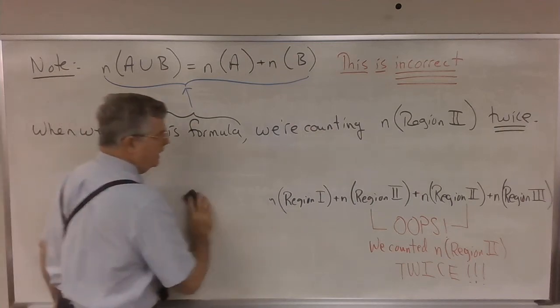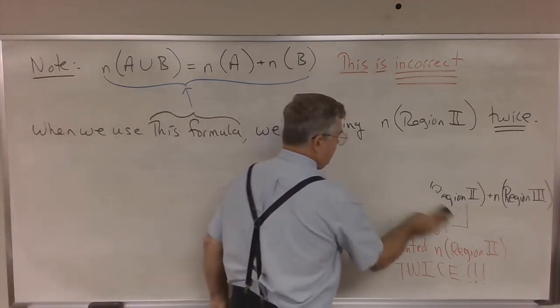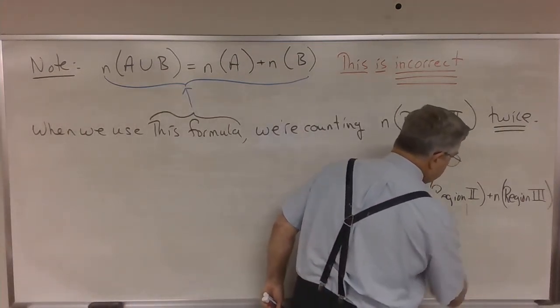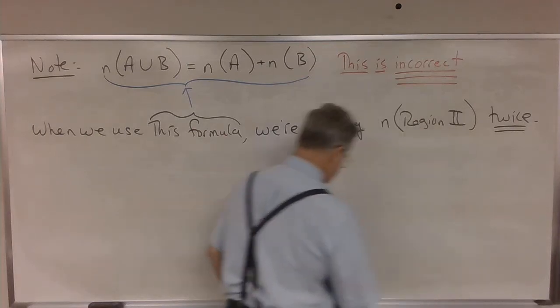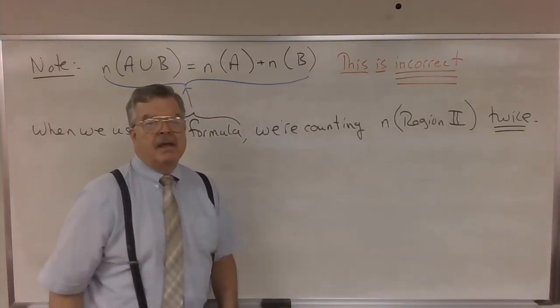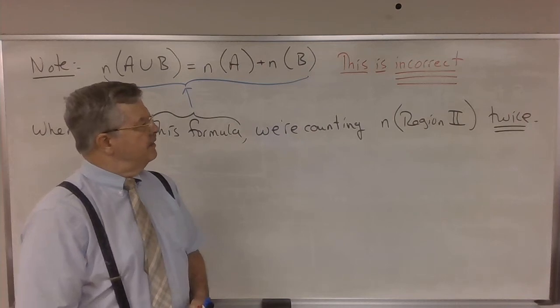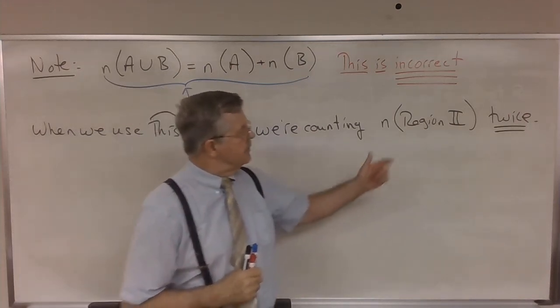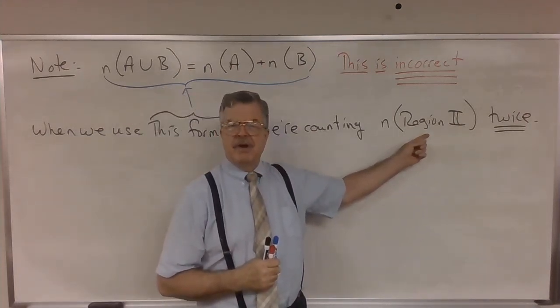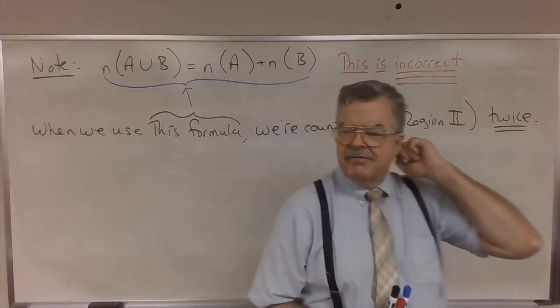And by the way, just for future reference, in the Venn diagram, what does region 2 represent, if you think about it?